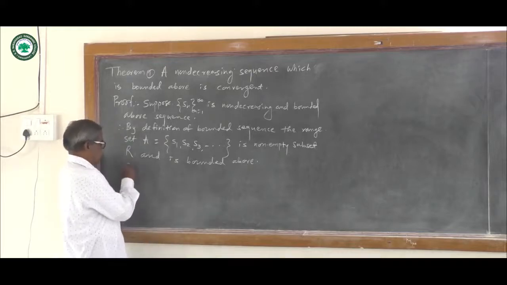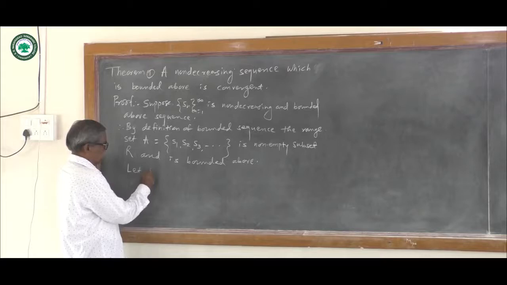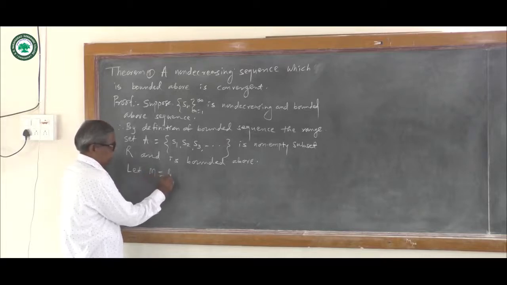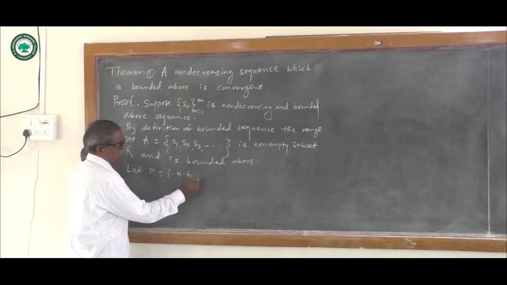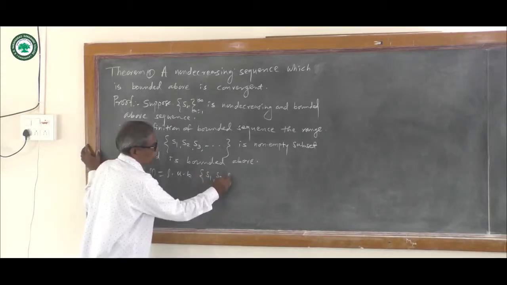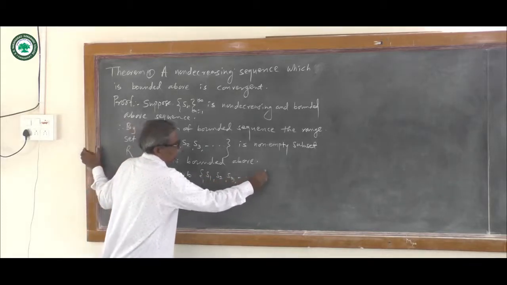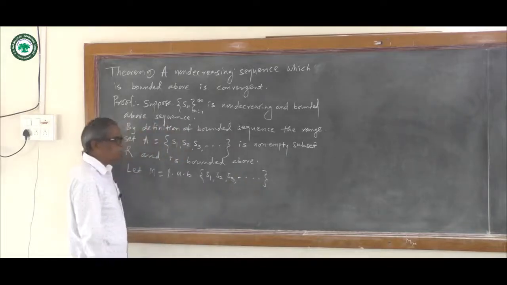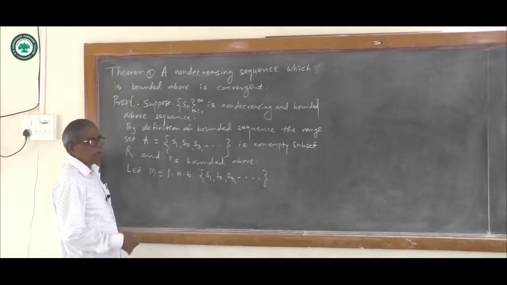Let capital M be equal to the least upper bound, LUB, of the set S1, S2, S3 and so on. It is bounded above, therefore it has an upper bound.